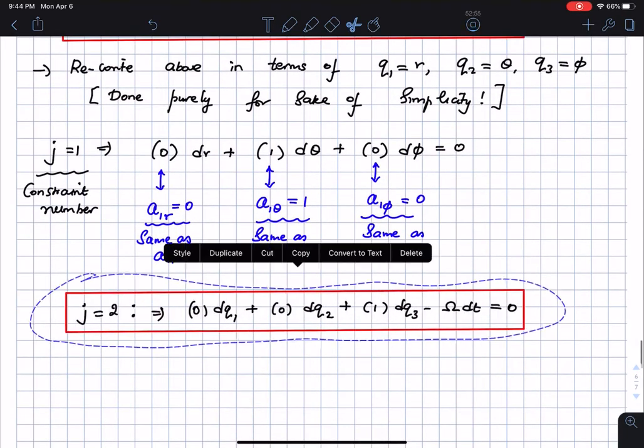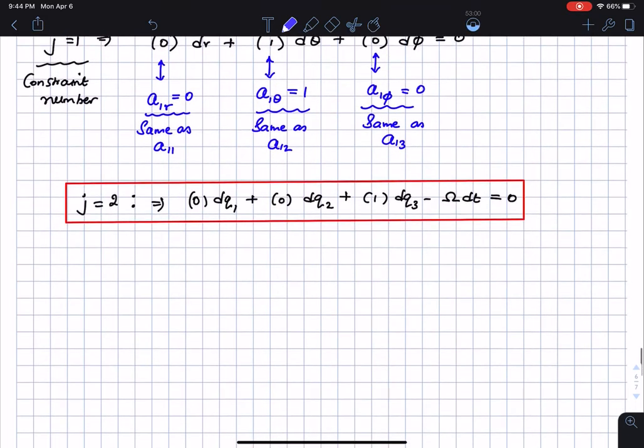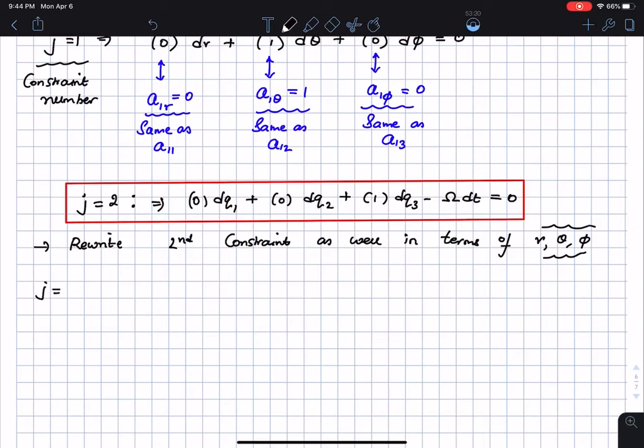Once I have this, I'm going to rewrite this once again in terms of r, theta and phi. You don't need to do it if you're okay with not doing it, that's completely fine. So this is j is equal to 2, the constraint number.